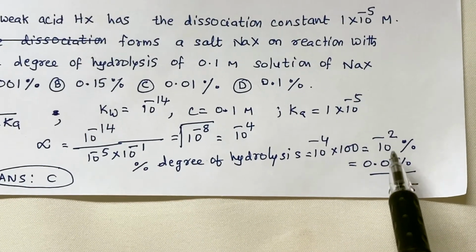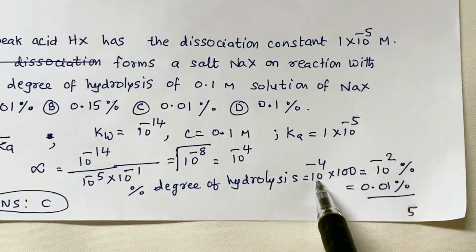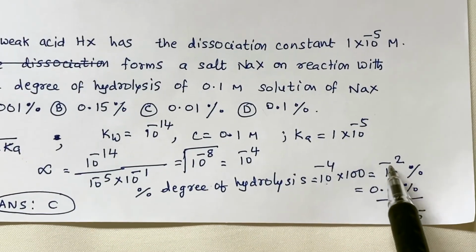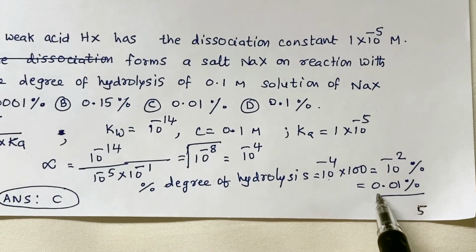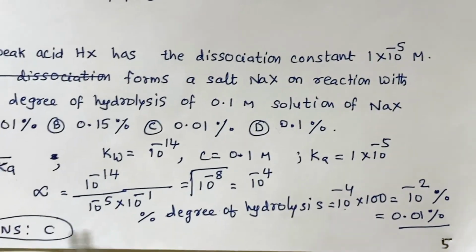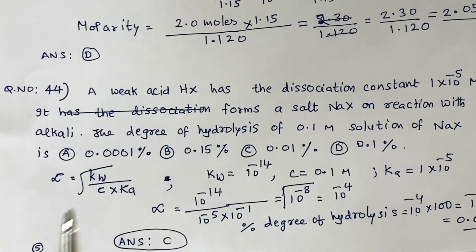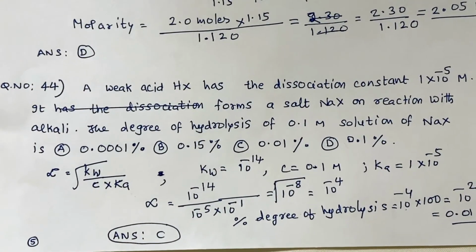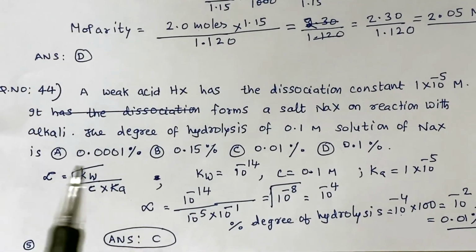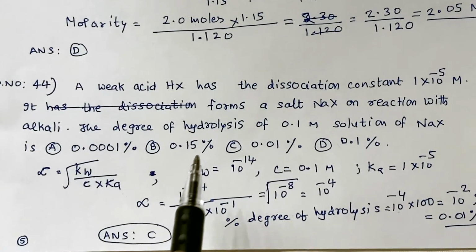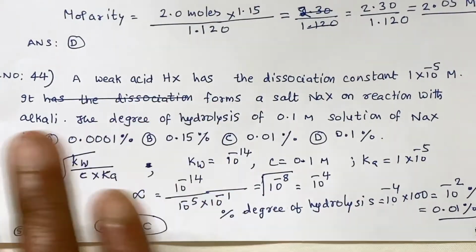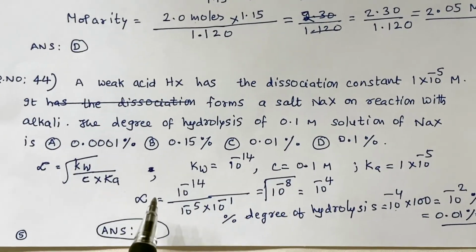So it is coming 10 to the power of minus 4 into 100, which is 10 to the power of minus 2. So answer is 0.01. So answer is C. So this completes the solution for the NEET Abhyas 40 chemistry, particularly the physical chemistry problems. Thank you very much.